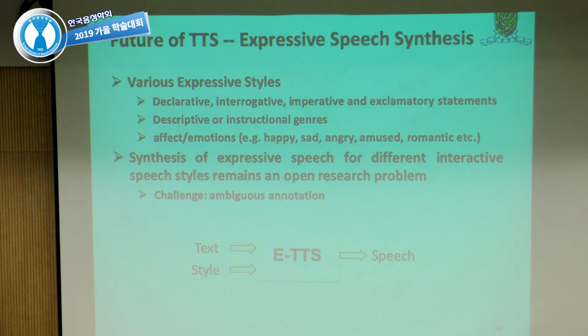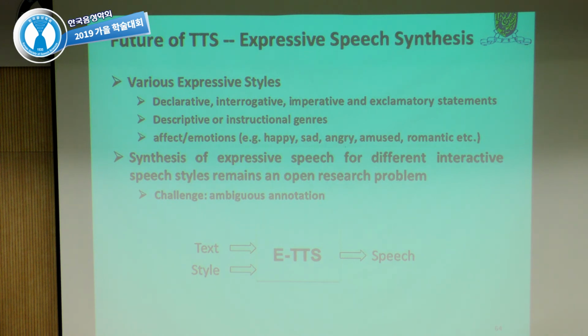The expressive styles include different intonation or different emotions, and the basic structure is like this. Based on the input text and input style specification, we use the expressive text-to-speech model to generate the output speech.